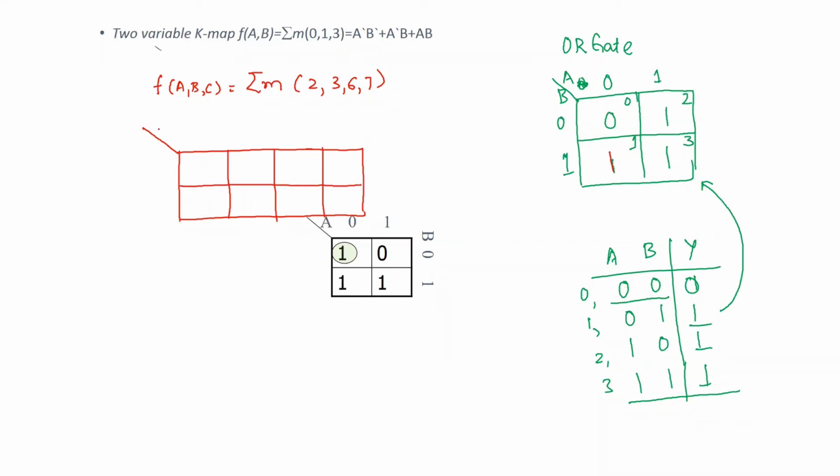Now comes a very interesting thing. This is your A, this is your BC, this is your F. A will have two values, 0 and 1, and BC will have the values 00, 01. Now it cannot be 10; it is going to be 11, as already discussed, because at a time only one bit is going to change.